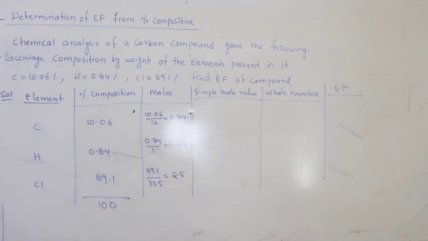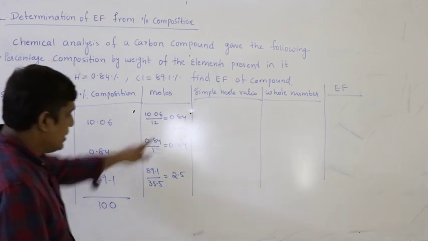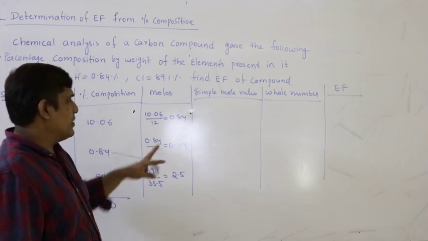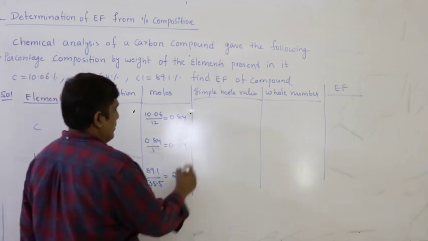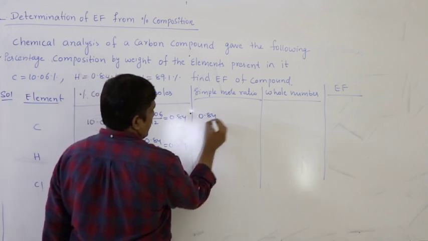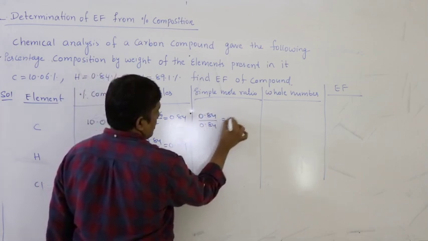These are the moles of the respective elements. Identify the smallest number. There are two different values, 0.84 and 2.5. The smallest mole value is 0.84. So dividing with 0.84, we will get 1.